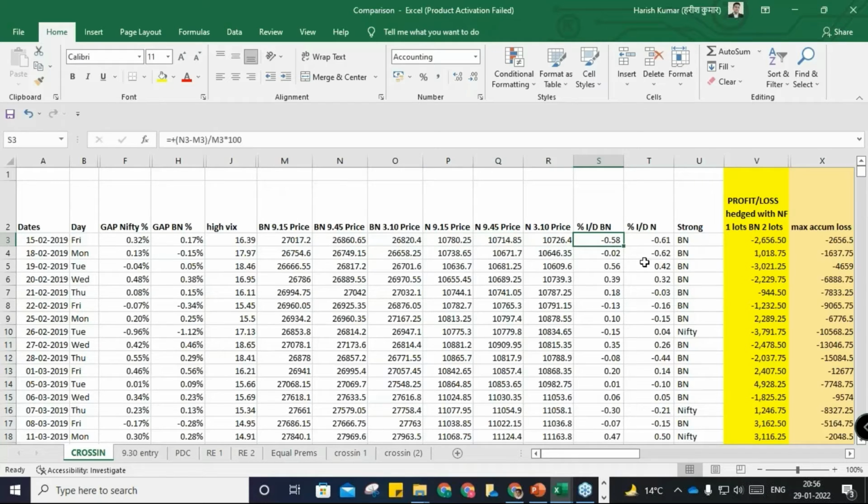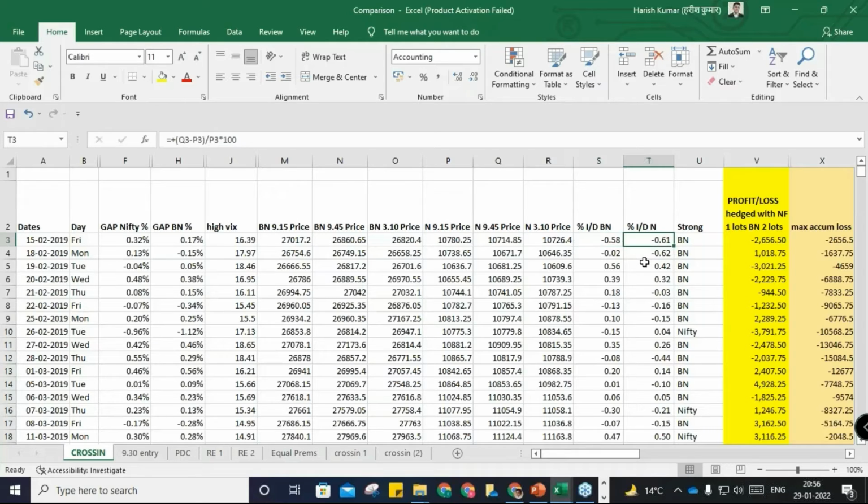So on the basis of this, I have calculated that Bank Nifty is at a loss of around -0.5%, and Nifty is at a loss of -0.6%. So on the basis of this, we can observe that both indices are weak. Both indices are weak if you take them in isolation.